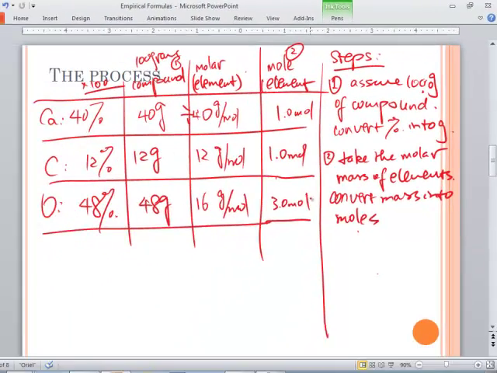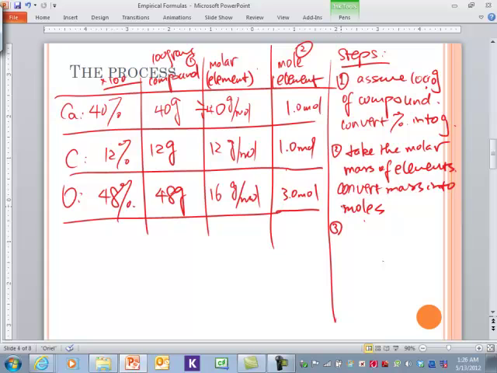Okay, so number 3, take the mole ratio of elements, get to the simplest.